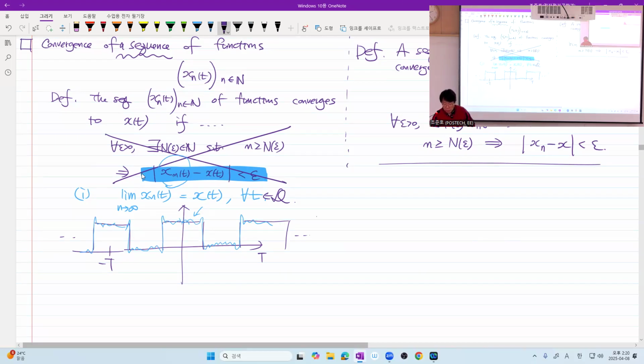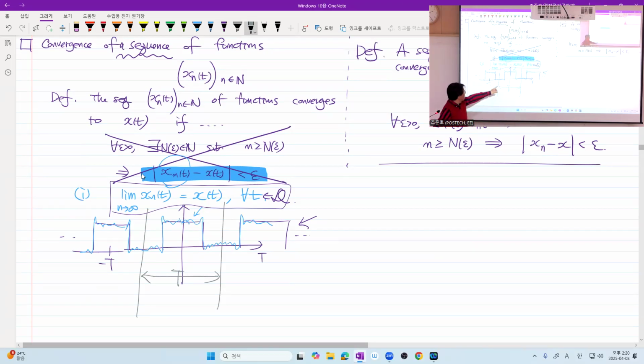Now, recall these figures in your undergraduate signals and systems textbook, and let's think about what the meaning of this is. Since it's periodic and your Fourier series also has periodic terms in the summation, think about, for example, a single period of t. In this period, how many possible values of t do you have?